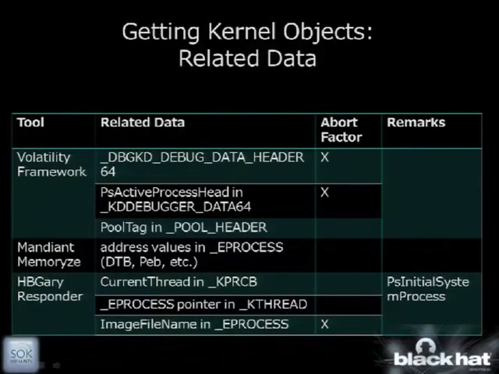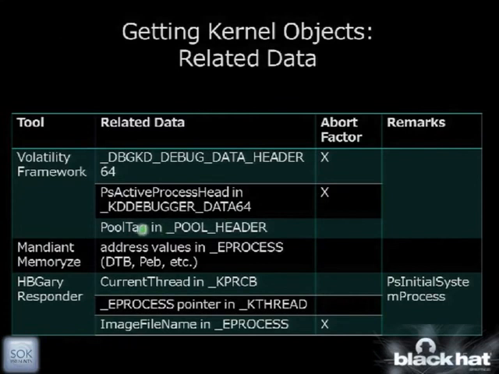I wrap up the third operation with this table. DBGKD debugger data header 64, we can modify it. PsActiveProcessHead is a pointer value, but its modification seems to have no effect on the running system. I think the reason is KDDEBUGGER_DATA64 is used only for debugging the system, but I'm not sure. Long-term evaluation may change the result.